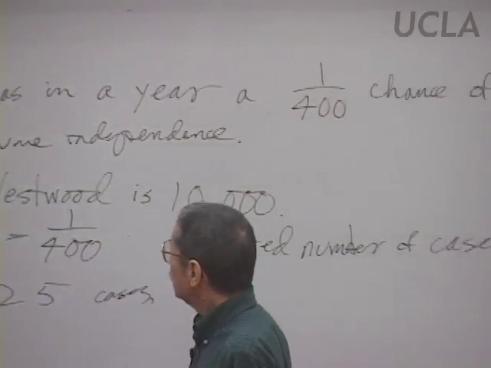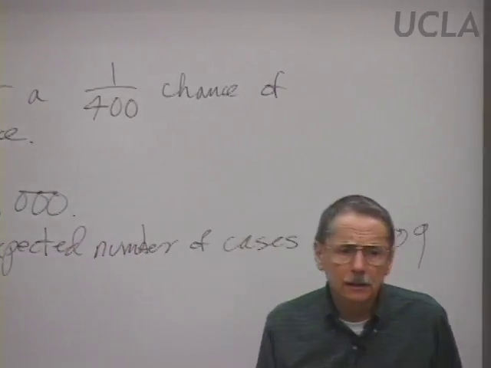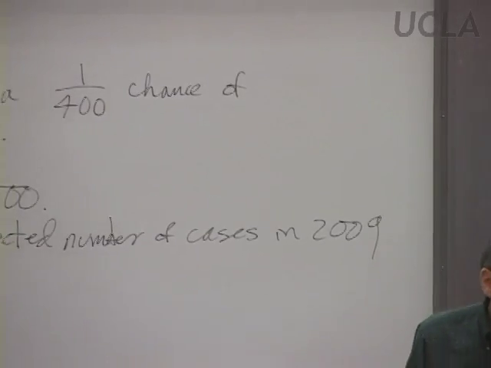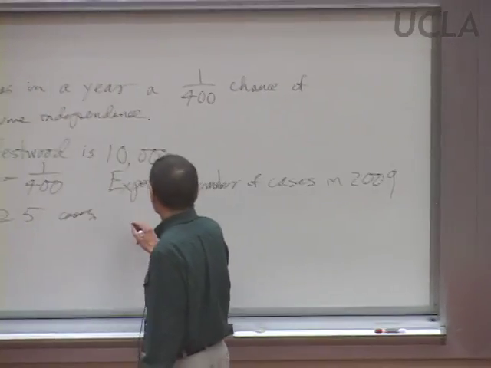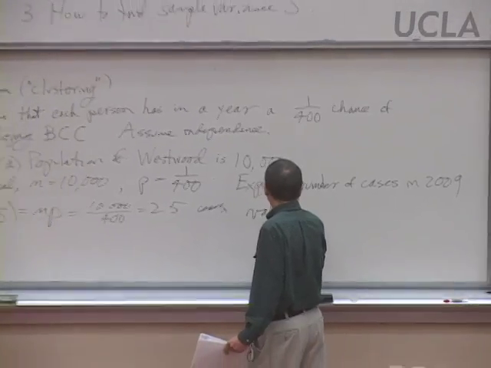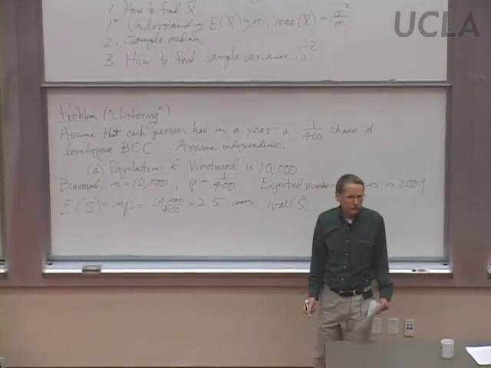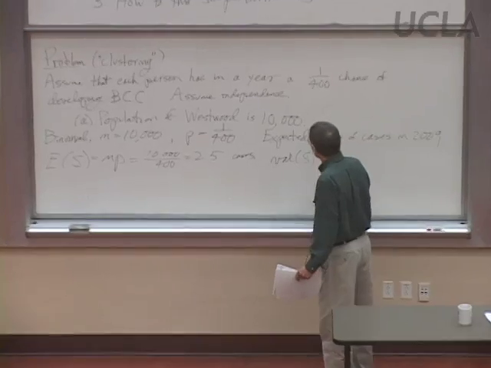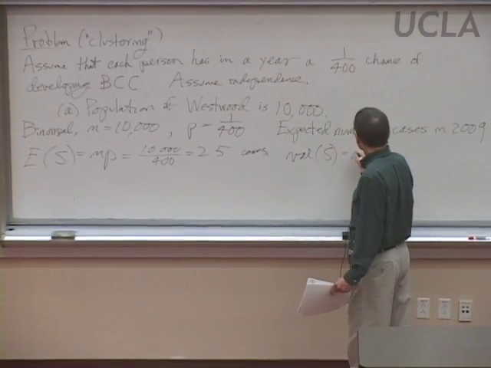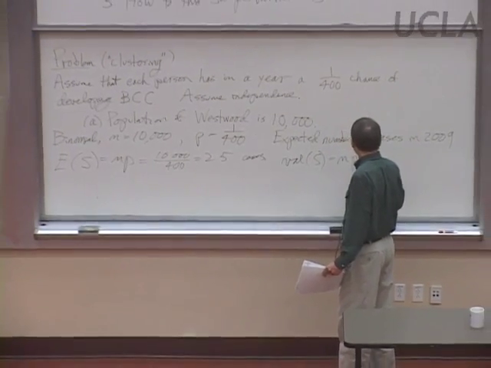Yeah, so we expect 25 cases, and the variance, well, we know how to get the variance in the binomial distribution, n times p times 1 minus p.